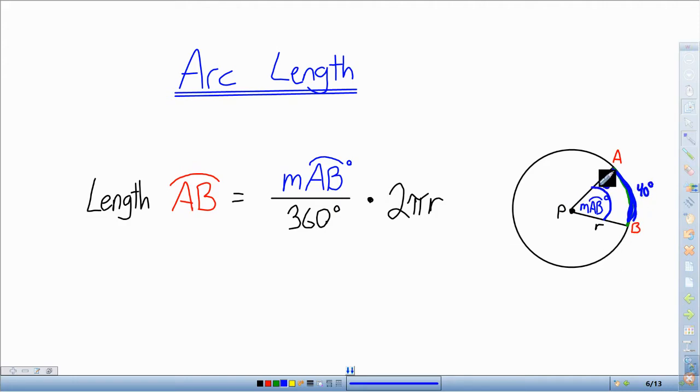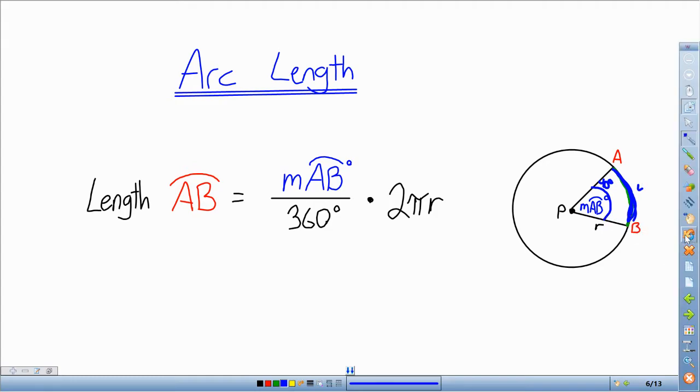But that was not the length of the arc. That was the degree of the arc. You can think of it as like the curve of the arc. What is the degree of the curve? That's what we were looking at before. Now we're actually going to be finding the length of the arc. How long is this thing, in inches or feet or whatever it happens to be. So I just want you guys to make that distinction.